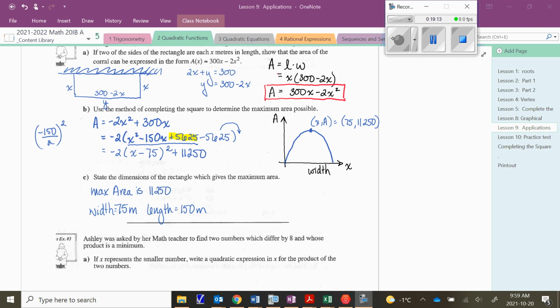And we should add on the area is 11,250 meters squared. Please let me know if you have questions.